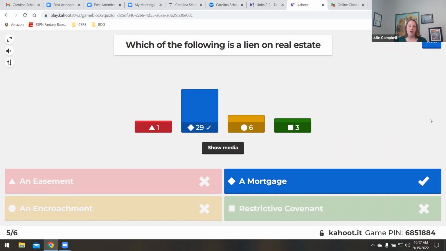So if you have a mortgage on the property, that's your lien, you owe them some money. All of these are encumbrances. Everything in unit 3 is talking about various encumbrances, but the mortgage is the lien. Back to the previous question, can brother and sister own as tenants in common and joint tenants? Absolutely, and those are their choices. Remember, tenancy by the entirety is for married people. Tenancy in common and joint tenancy are for those that are not married.